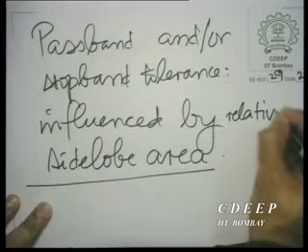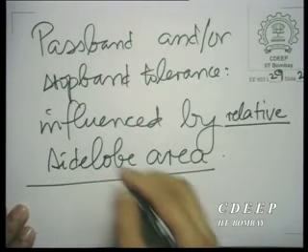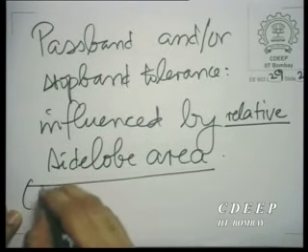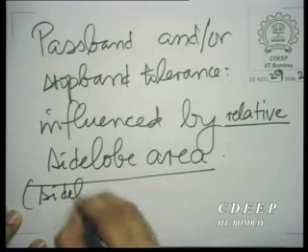Now, even when we say the passband and or stopband tolerance is influenced by side lobe area, we should qualify this by writing relative side lobe area. That means side lobe area relative to main lobe area.